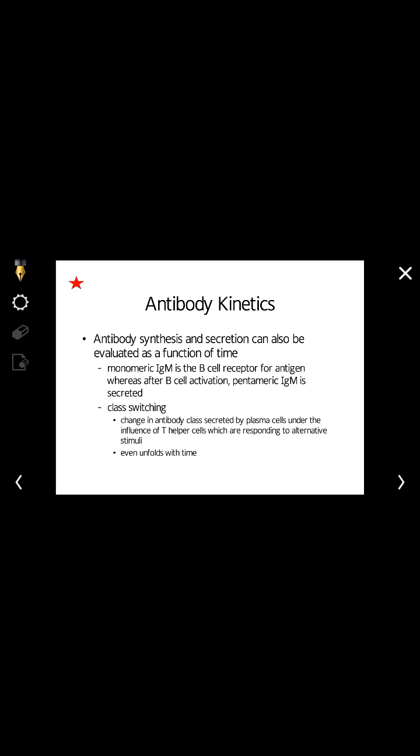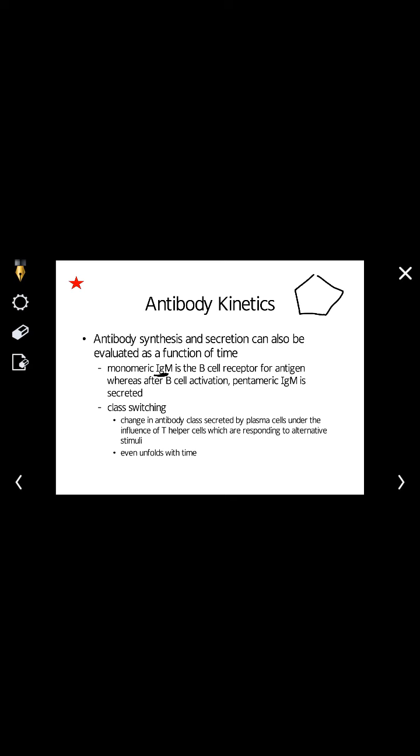Monomeric IgM is the B cell receptor for antigen, whereas upon B cell activation, the weird pentameric IgM is secreted.